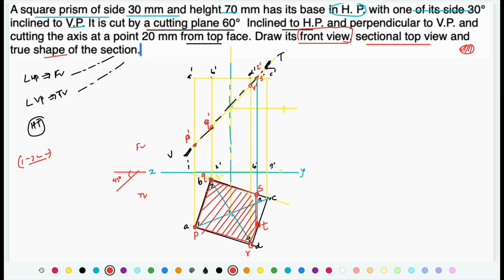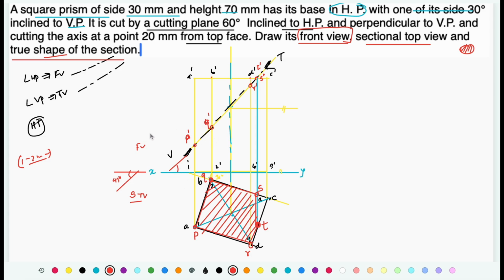Okay, so this is the front view, and this is the sectional top view because it consists of a sectional view also. The last view is the true shape of section. Now why do we need to draw the true shape of section? This cutting plane is inclined to HP.